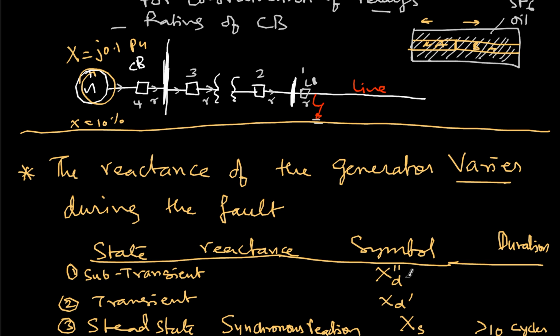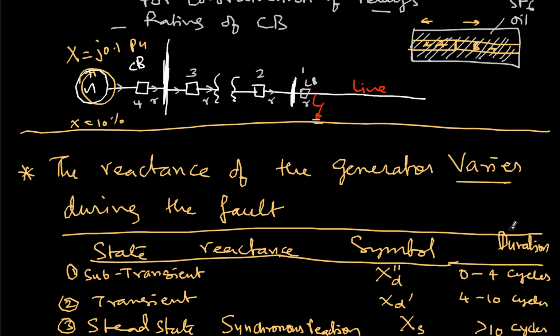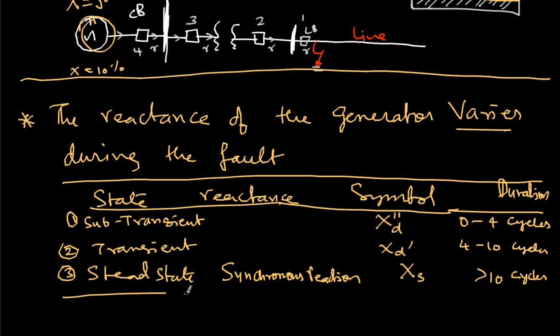This subtransient state comes for 0 to 2 or 3 cycles, or sometimes 4 cycles, and then maybe 4 to 10 cycles is the transient state. Finally, when the DC component in the fault current has settled down, and the fault current only has the AC component, then we are in the steady state.